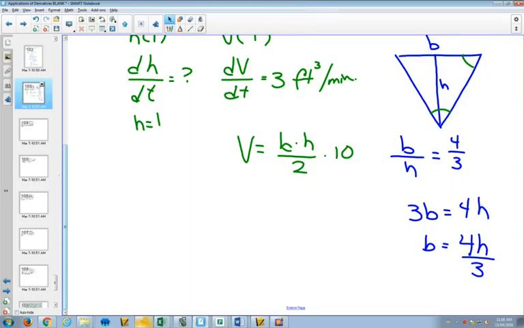So this question has a little bit extra work because once you write out your formula, you find out you have more variables than you want, because we weren't given any information about how fast the base was changing with respect to time.